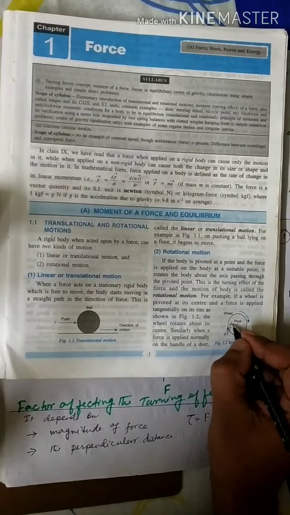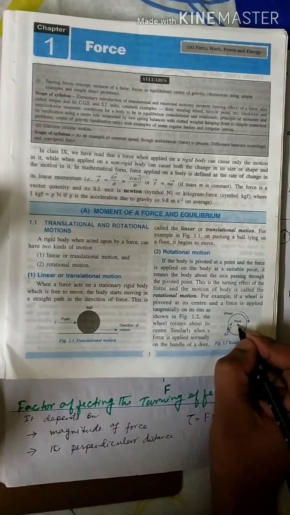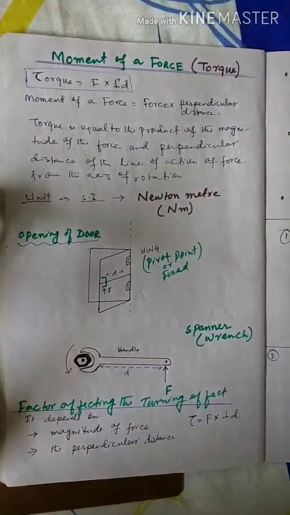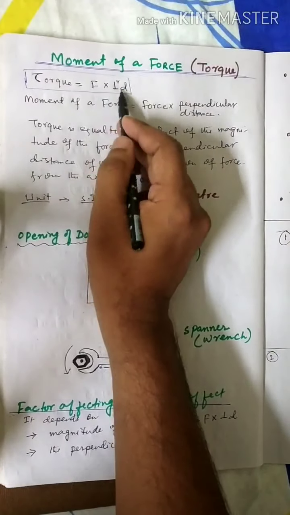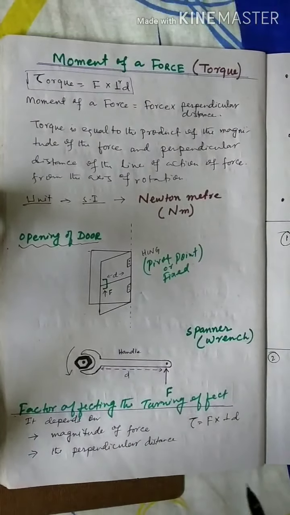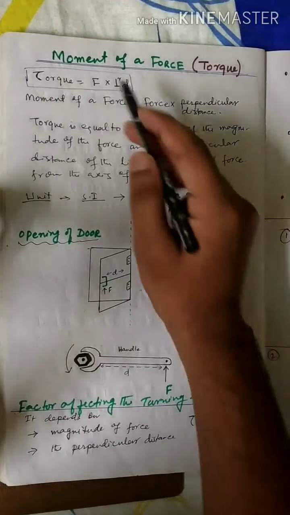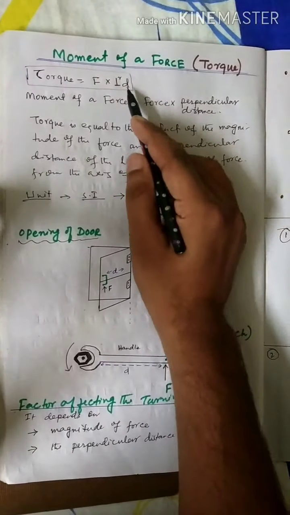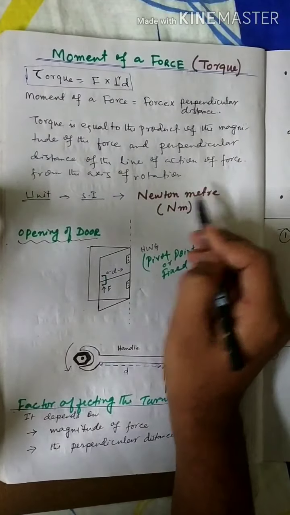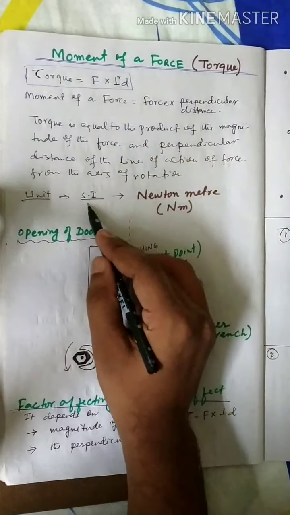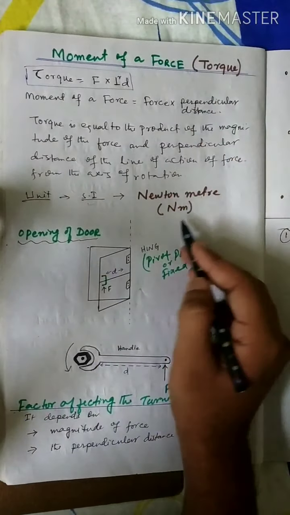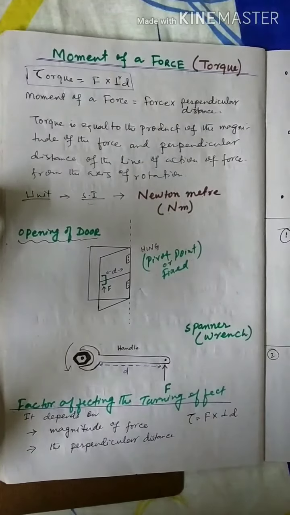The force into the distance from the axis of rotation is called the moment of force, or torque. Force into perpendicular distance. What is the SI unit of torque? The unit of force is Newton and the unit of distance is meter. So the SI unit of moment of force is Newton meter.